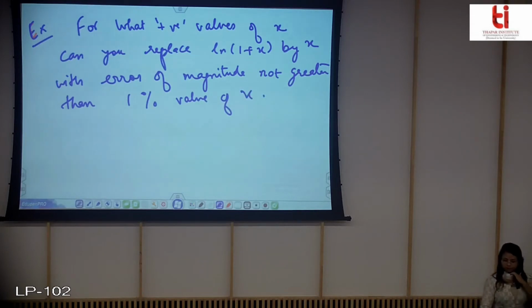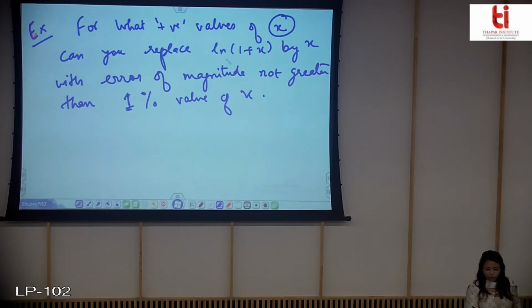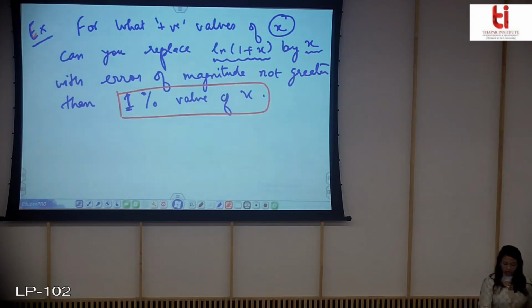So now let us see. Again we need to find the value of x, for which if I replace log of 1 plus x by x, then the magnitude of the error should not exceed 1% of the value of x. So let us solve this.